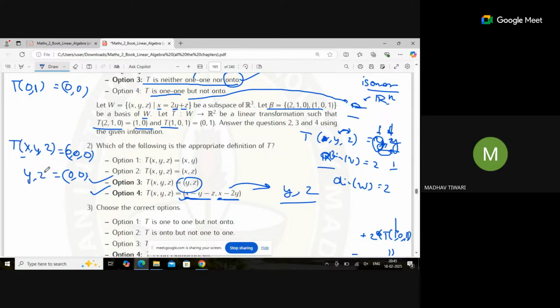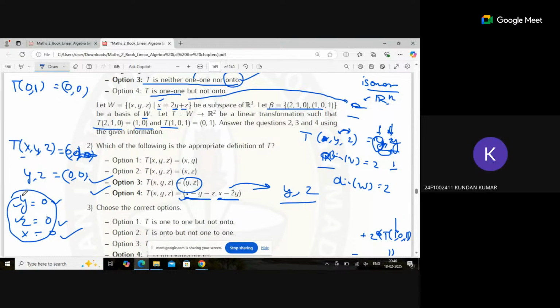So y is 0, z is 0, and from y and z we can derive the value of x, so x is also 0. It is only possible when all three variables are 0. So it doesn't have infinitely many solutions. It has only one unique solution, that is this. So that's why it is one-one.